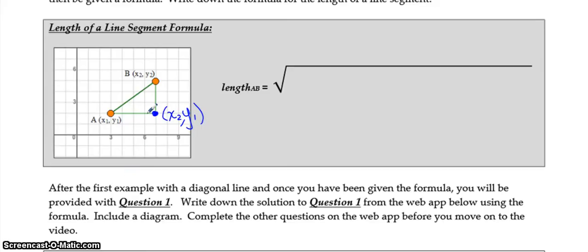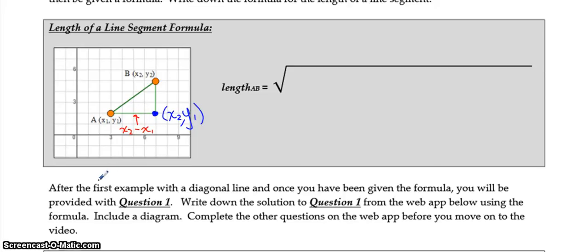So to get the length of this side, what you would be doing is taking the difference between the two x values. So if this x is 7 and this x is 3, that would make 7 subtract 3. This would make this length 4. 1, 2, 3, 4. So to get that side, you would take x2 minus x1.